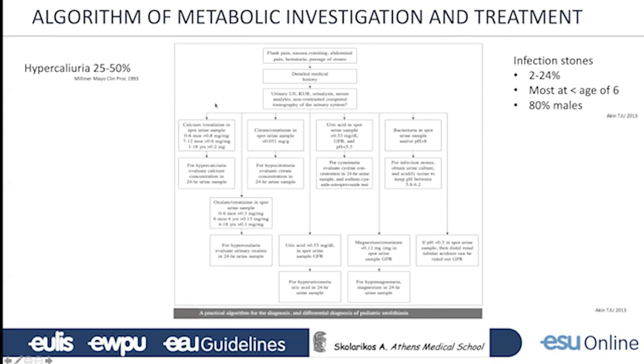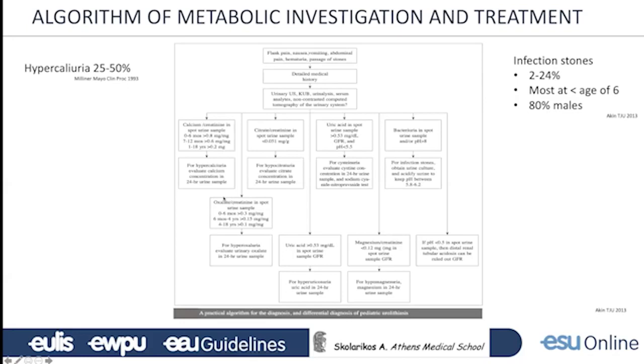Then we do a spot urine sample and we calculate the calcium creatinine level. If it is more than 0.8, 0.6, or 0.2, depending on the age of the kid, then we perform a 24-hour urine examination.